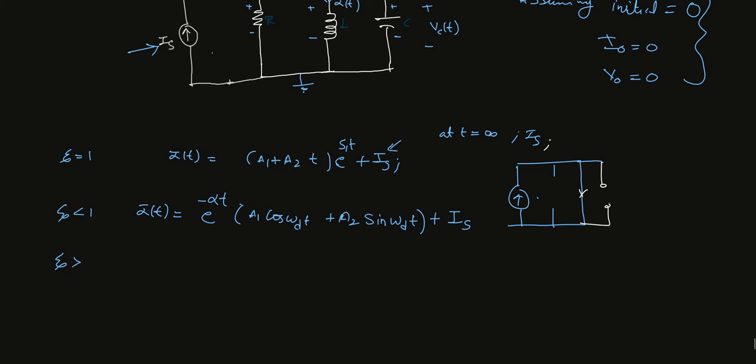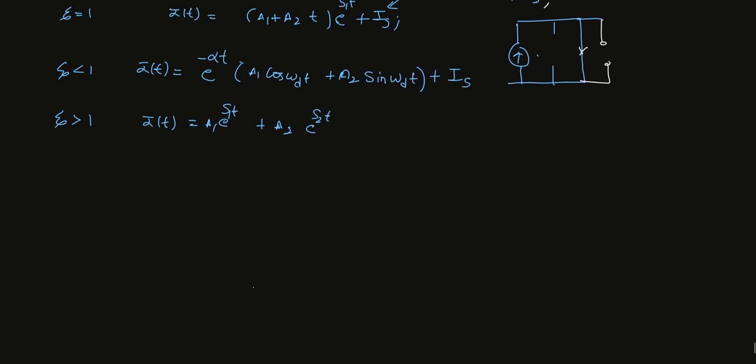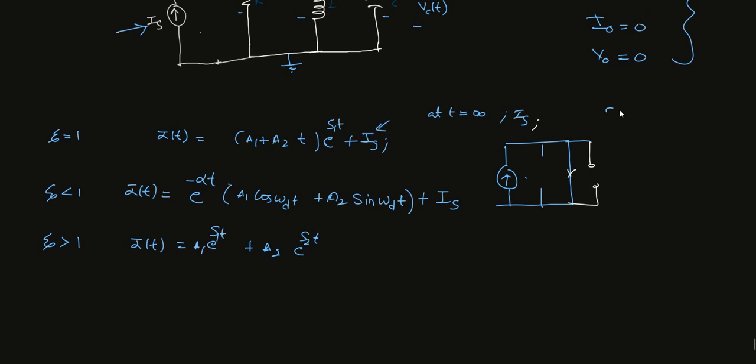And for zeta greater than 1, i(t) will be a1 e to the power of s1 t plus a2 e to the power of s2 t, plus Is. There is no need to memorize these equations, just understand the concept. This all comes from differential equation solutions, which you can see in mathematics. These equations are similar in all three cases, for the series and parallel RLC circuits, and for the step response of both.